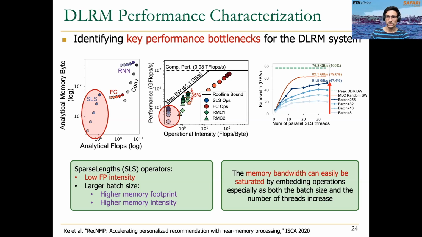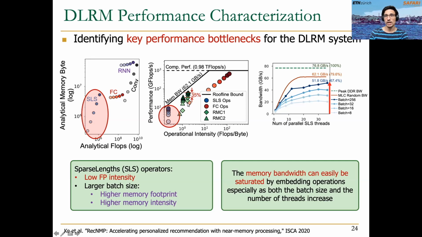One important thing that we have to observe here is that the fully connected layers, the MLP that is used in the DNN for dense features, is characterized in most cases as compute bound. But also, as you can see here, for small batches, it's mostly memory bound.